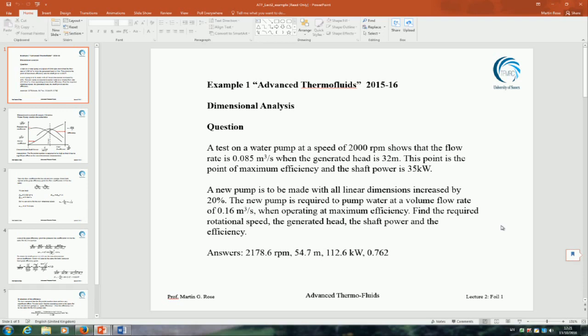A new pump is to be made with all linear dimensions increased by 20%, and the new pump is required to pump water at a volume flow rate of 0.16 cubic meters per second when operating at maximum efficiency. Maximum efficiency and design point are synonymous. So if I say maximum efficiency, I mean design point, and vice versa. The problem you're asked to do is find the required rotational speed, the generated head, the shaft power, and the efficiency for the new design.